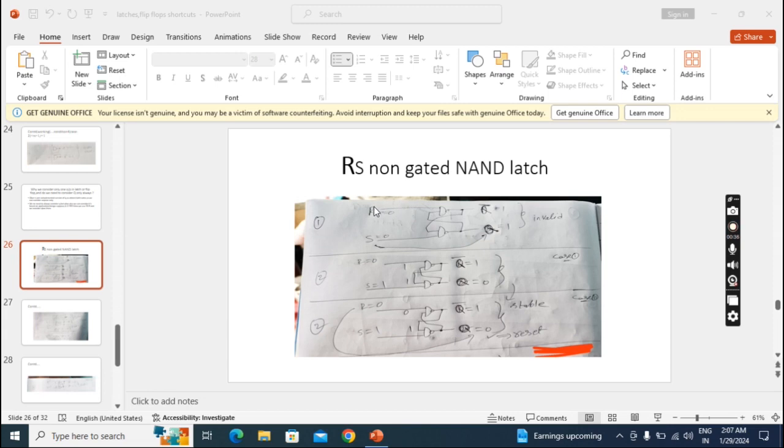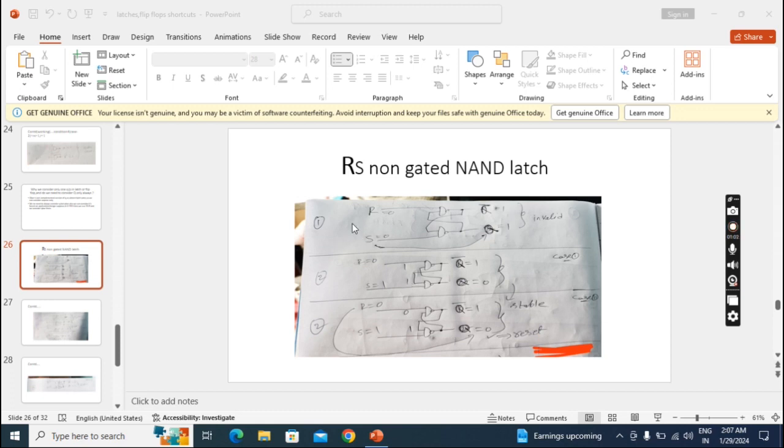Suppose in the first condition, I take RS with both inputs 0 0; here we get invalid. Even when I take SR, for 0 0 we got invalid. Then coming to the second condition, there I did two cases, and here also I did two cases to get a stable output.